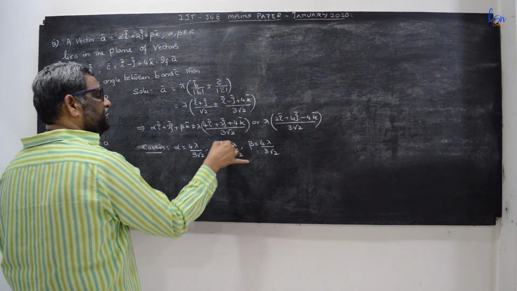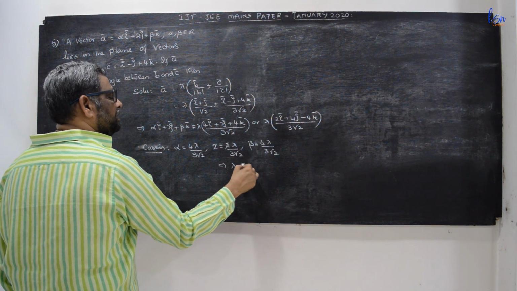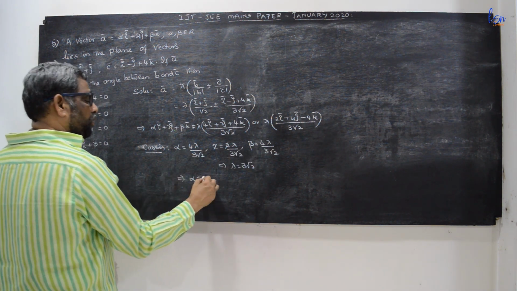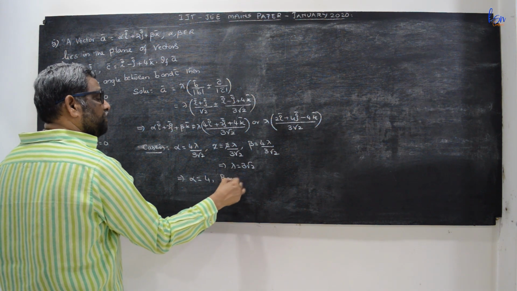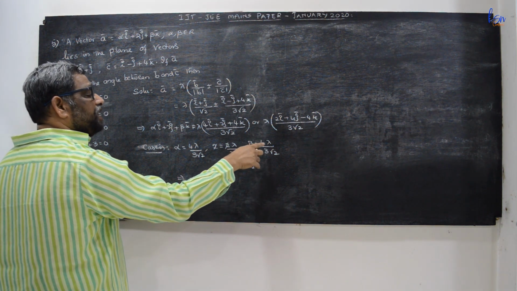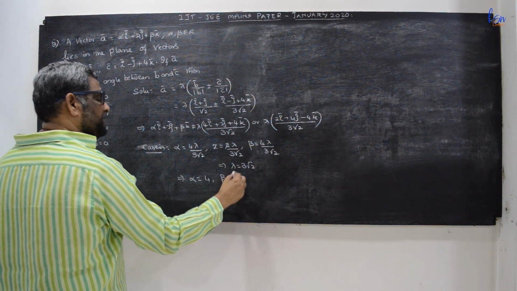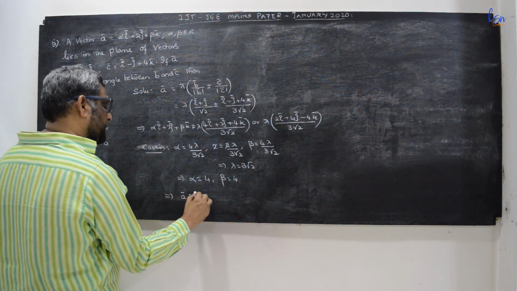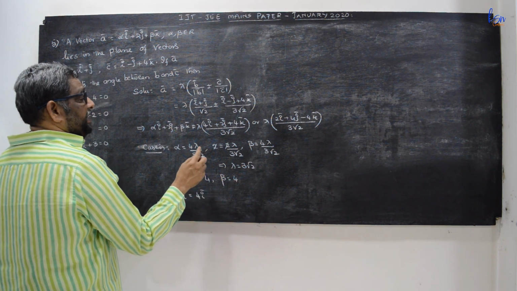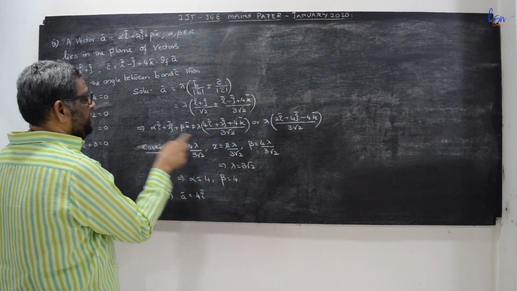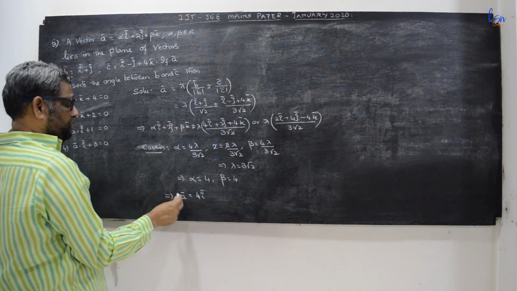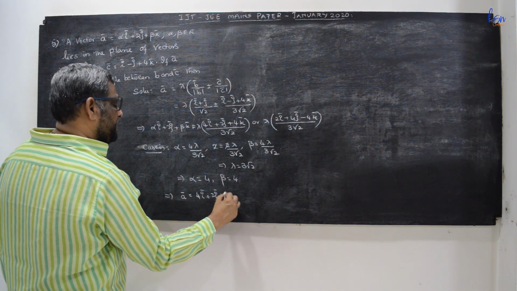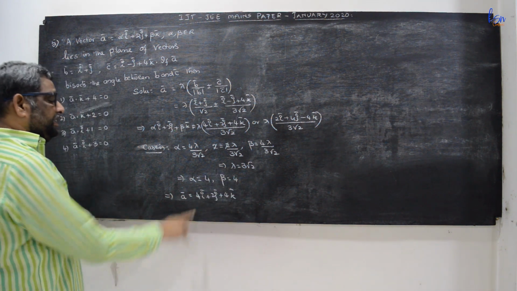So with this you can have lambda equal to 3 root 2, and therefore alpha equal to 4 and beta equal to 4. Therefore A bar is equal to alpha, 4i bar plus 2j bar plus beta k bar, meaning 4k bar. This is A bar.